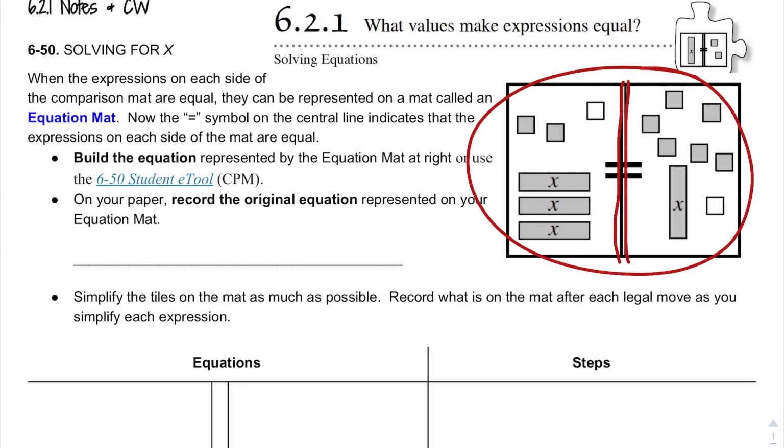Now, it's super important that you think of these as double yellow lines, like on the road where you can't just cross whenever you want. You're going to have to follow legal moves in order to cross through those double lines in the center. Keep that in mind. As I go through this, I'm going to go over all of the legal moves and put them down on steps, which is right here, and make sure that you understand every step.